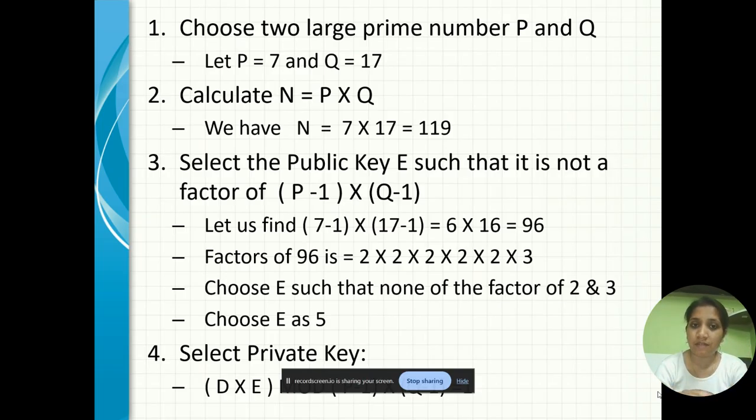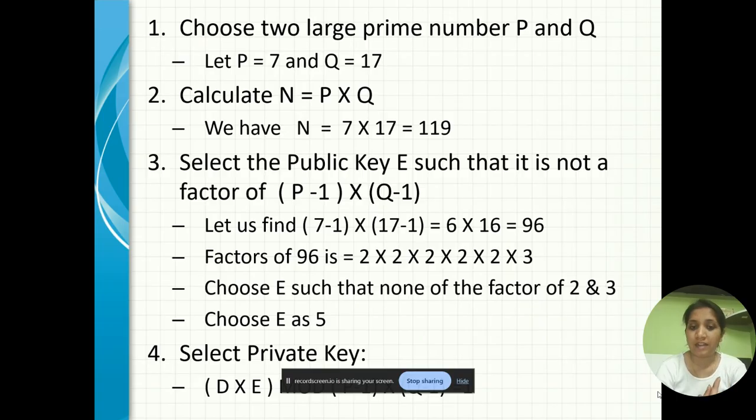So next, choose two large prime numbers p and q. Let p equal 7 and q equal 17. Calculate n, that is p into q, so n is 7 into 17, which gives us 119. Select the public key e such that it is not a factor of (p minus 1) into (q minus 1). Let us find 7 minus 1 into 17 minus 1, that is 6 into 16, which gives 96.